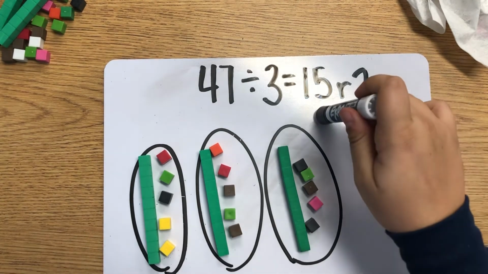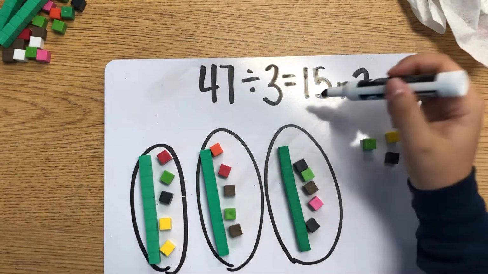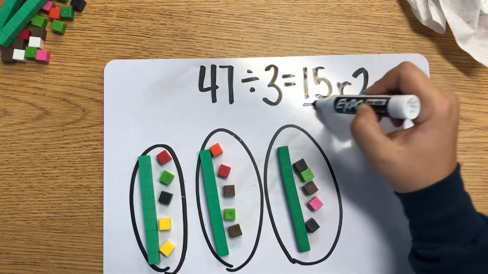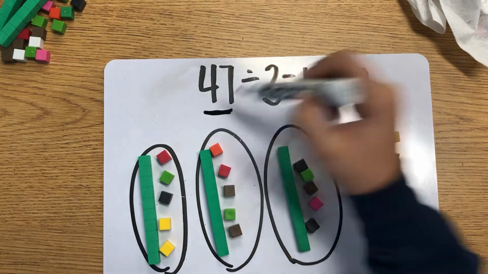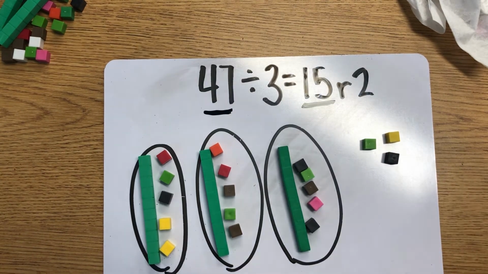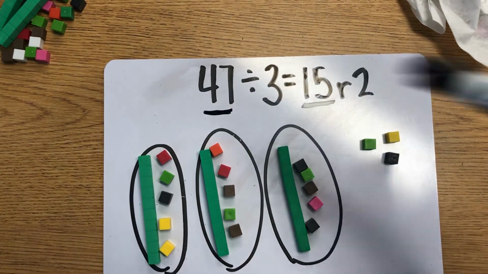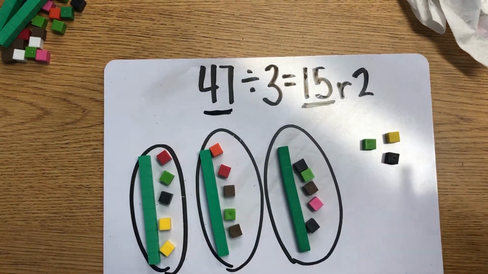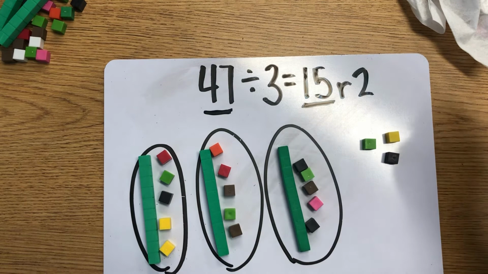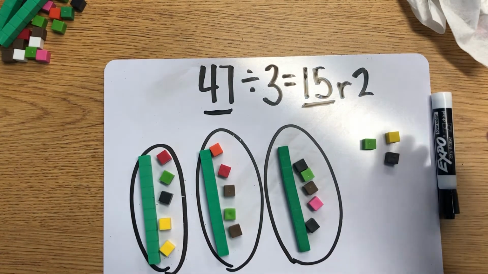And your quotient, which is the answer of a division problem, cannot be bigger than your dividend. Because if you're breaking 47 up into smaller groups, or in this case, 3 smaller groups, it's not going to be bigger than the number that you started with, if that makes sense.